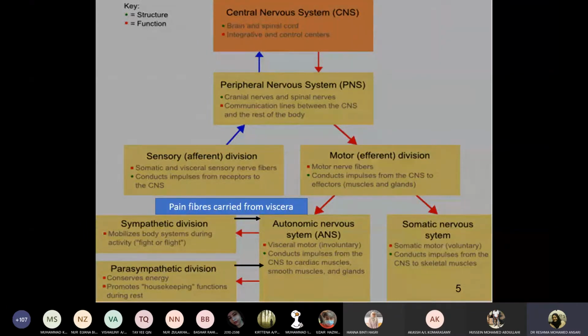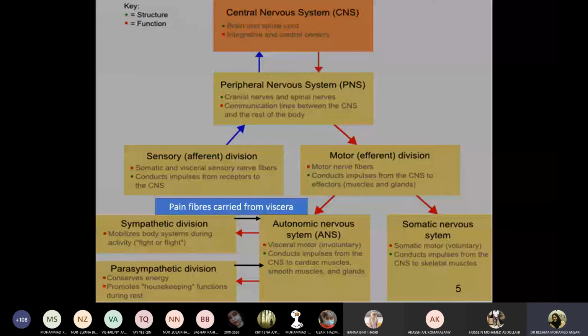From the somatic nervous system, the pain fibers travel through the sensory or afferent division to the spinal cord. Whereas from the viscera, from the internal organs, the pain fibers are carried by the sympathetic and parasympathetic system. They are not supplied by the somatic nervous system. So that's why, with pain from the body wall, if somebody receives a cut on the hand, the pain is horrendous.